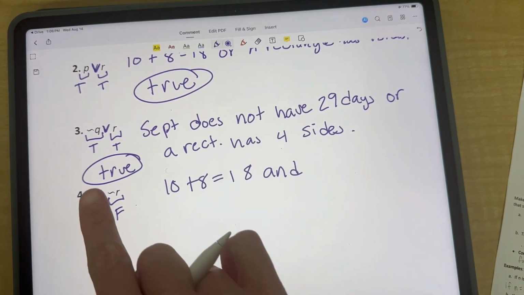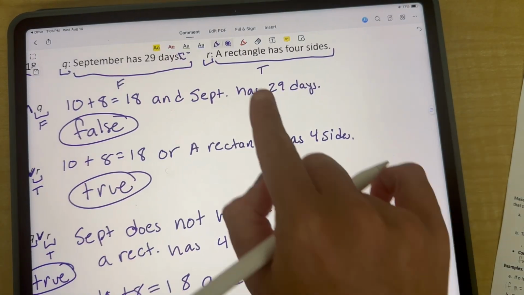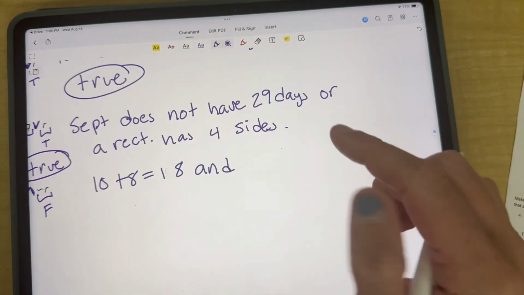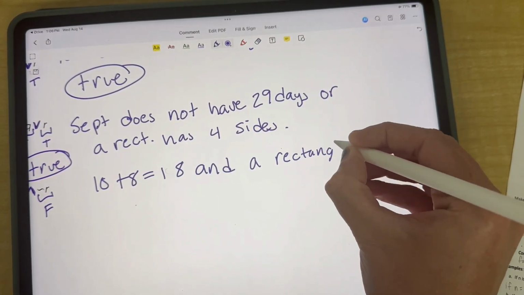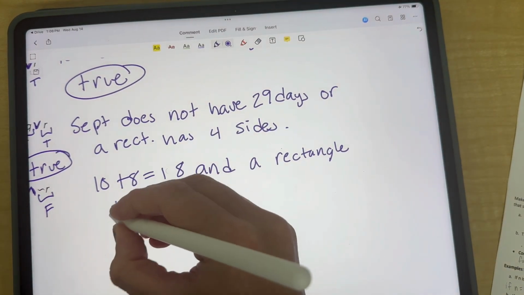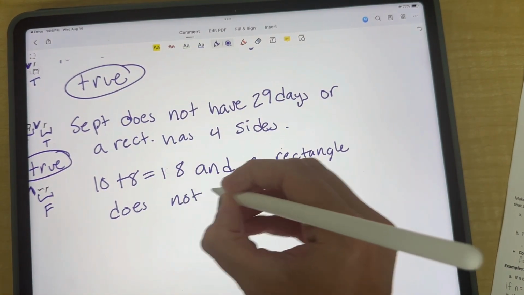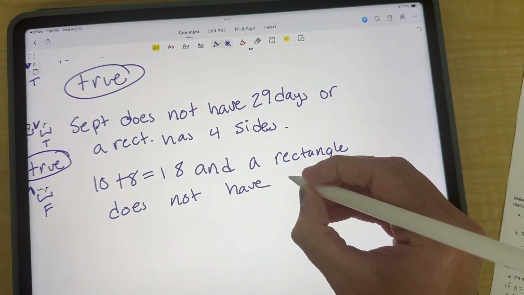How would you write the opposite of R? If it says a rectangle has 4 sides, the negation would be a rectangle does not have 4 sides.